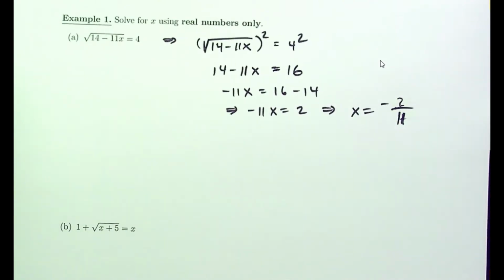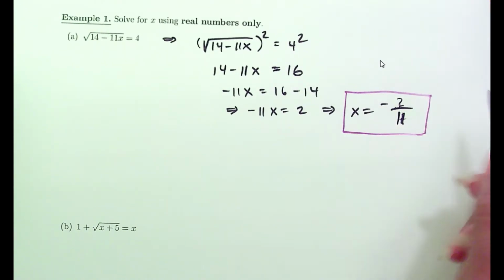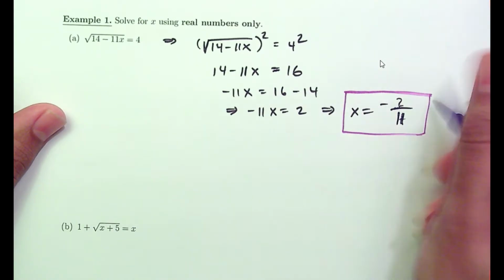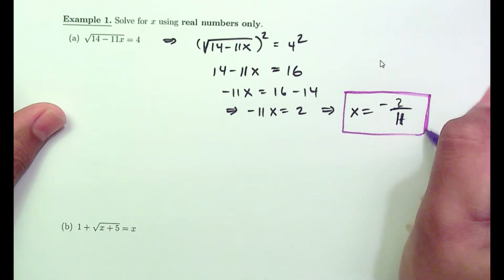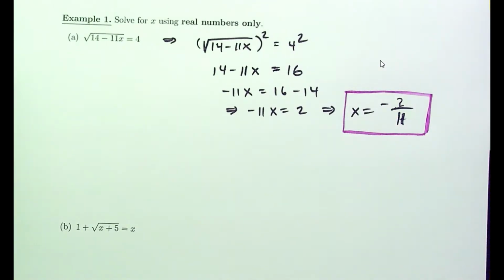I don't know if that's the answer yet. We have to check whether it works or not. If it doesn't work, then we discard it and say there's no solution. But let's see. Let's do that part. Check.